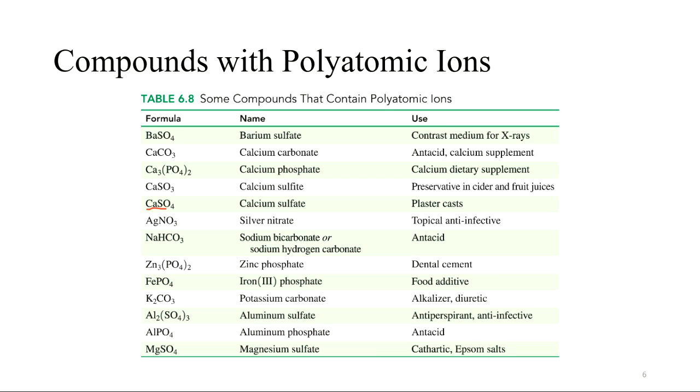It's used in plaster casts. Let's take this one: iron 3 phosphate, which is a food additive. So all of that are compounds containing polyatomic ions. This is calcium carbonate. This is calcium phosphate. All of them are compounds that contain polyatomic ions, and we use them in our daily life.